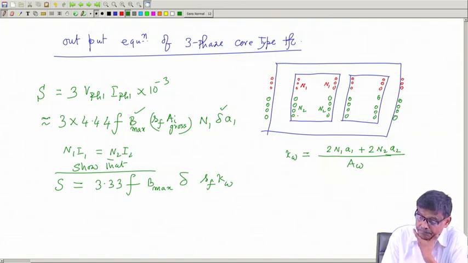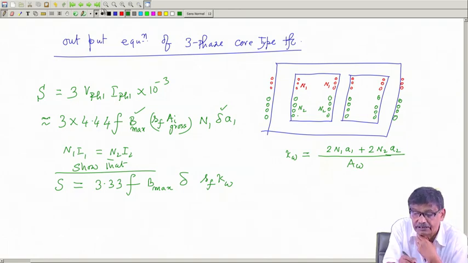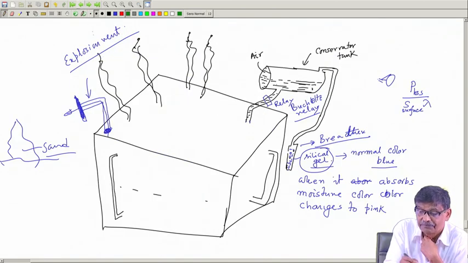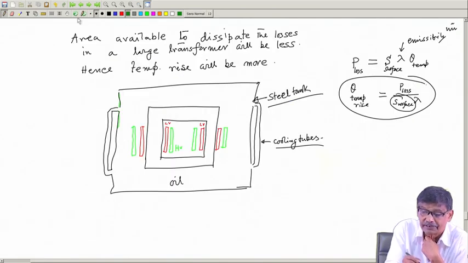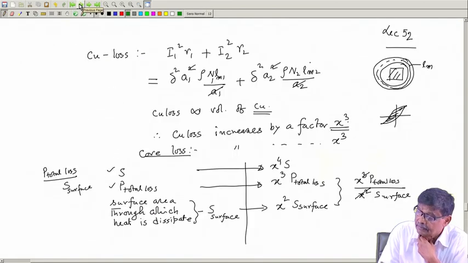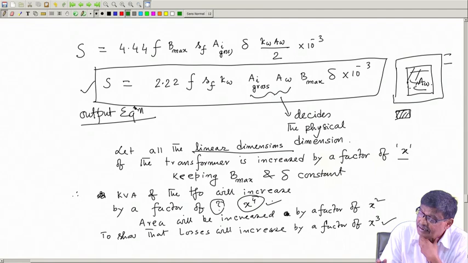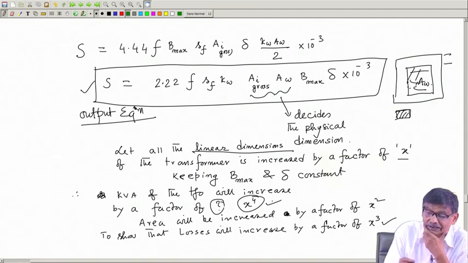Same factors, all other factors will come the same way, then physical dimensions A i gross and A w, that is all.